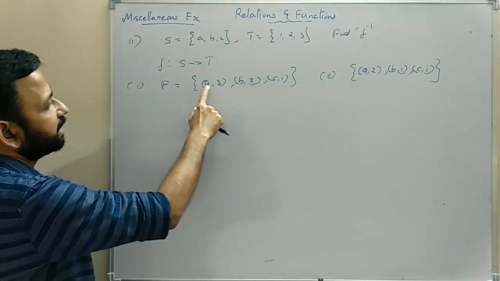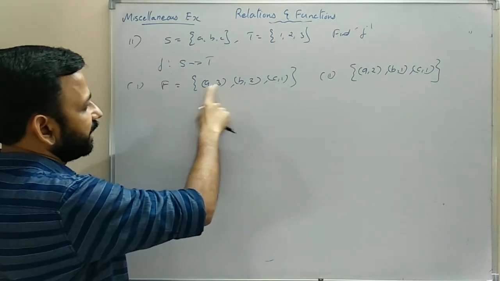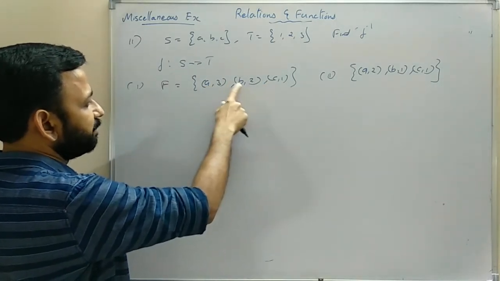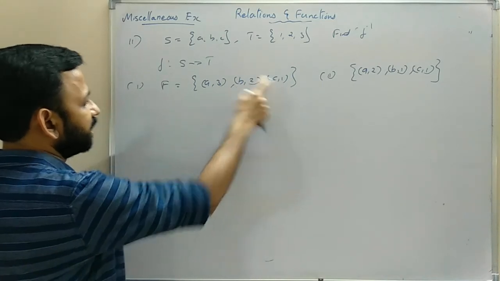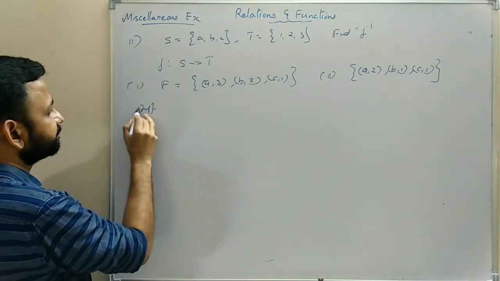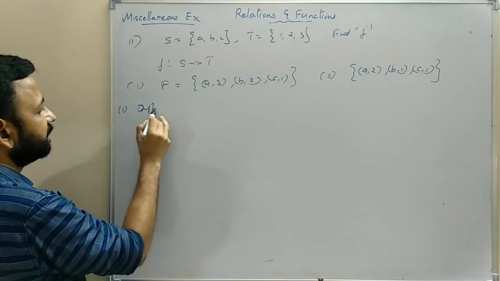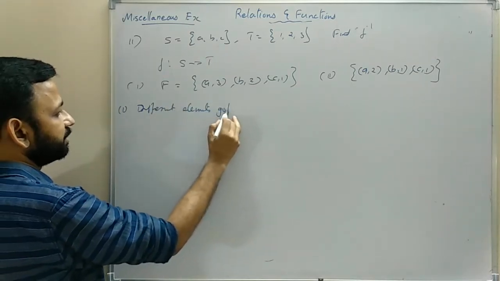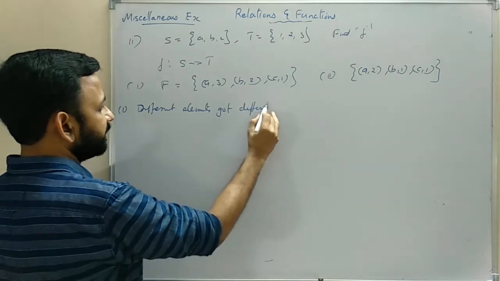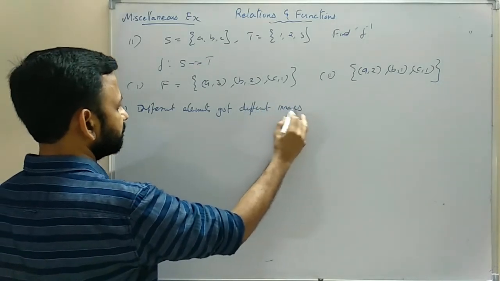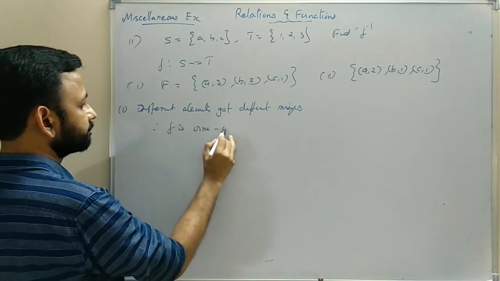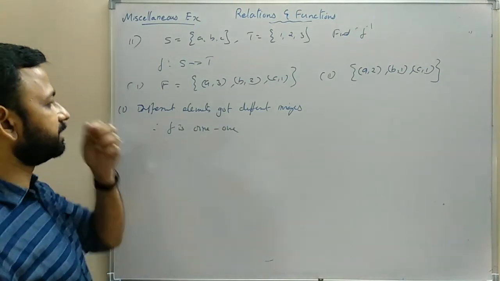So here A, B, C. Image of A is 3, image of B is 2, image of C is 1. So different elements got different images. Therefore, f is 1-1. Now we have to show that it is an onto function.